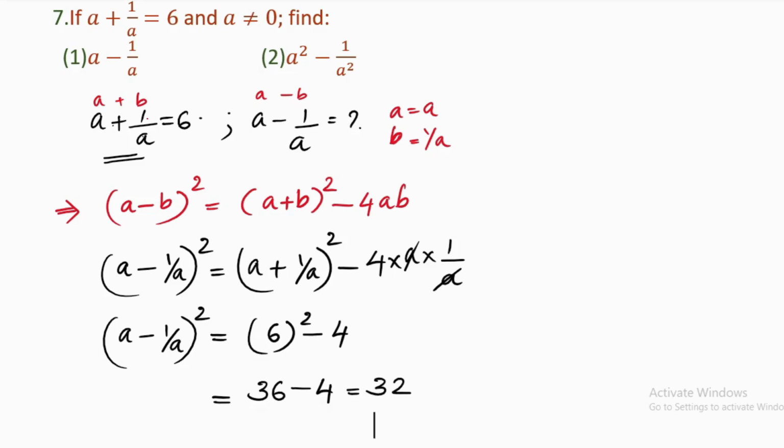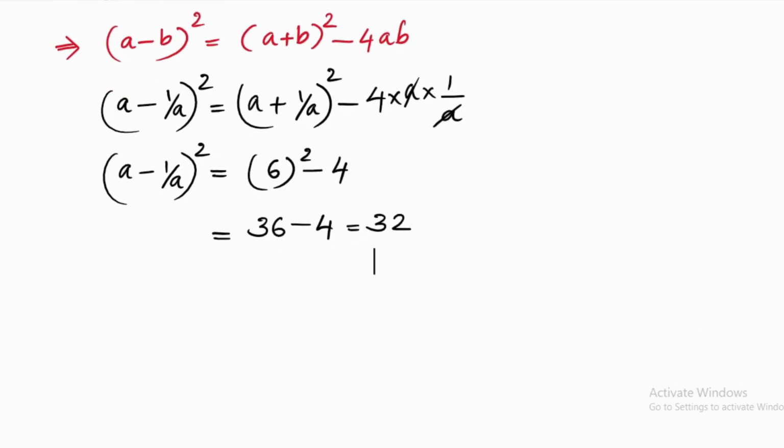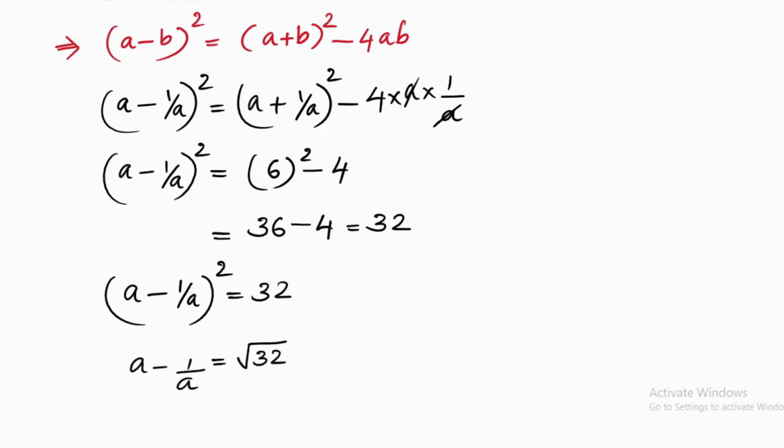So we have a minus 1 by a the whole square equals 32. So what is the value of a minus 1 by a? That is square root of 32, that equals plus or minus, give here plus or minus, right?